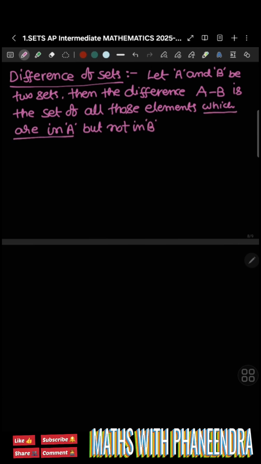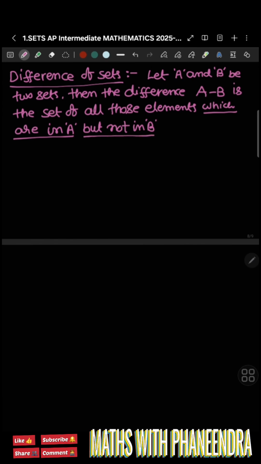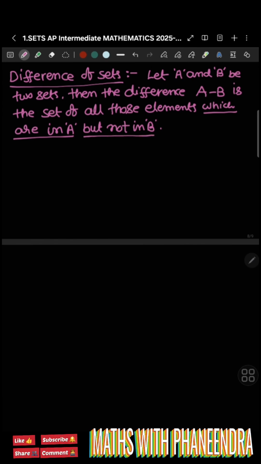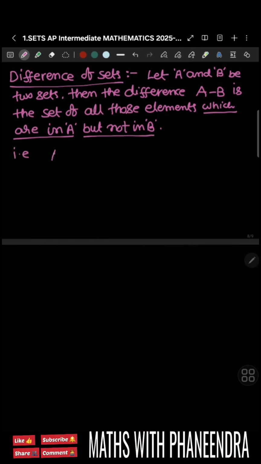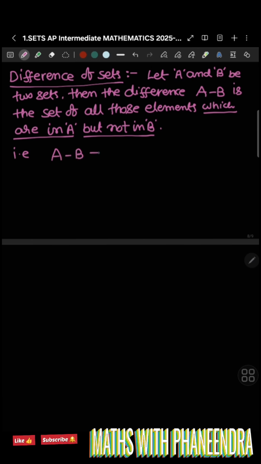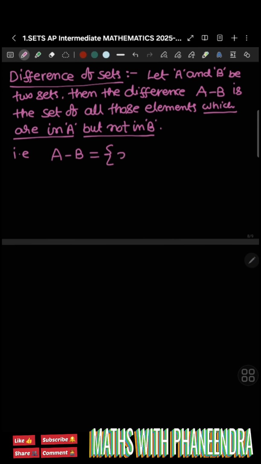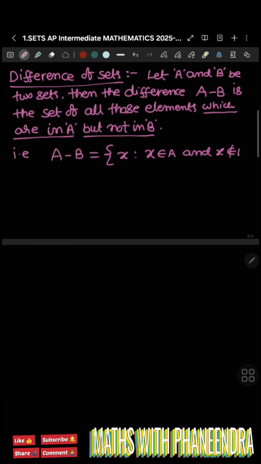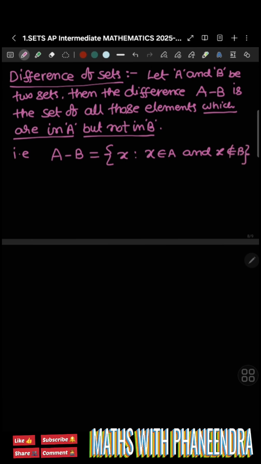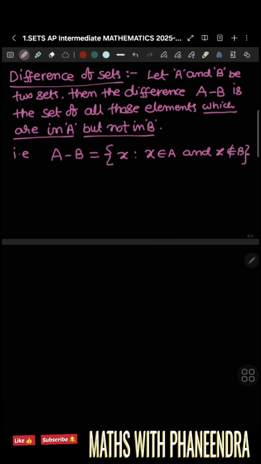Which are in A but not in B. See how to denote. We can denote like this: A minus B is equal to set of all x such that x belongs to A, which are in A means x belongs to A, and x does not belong to B. This is the definition of A minus B, dear students.